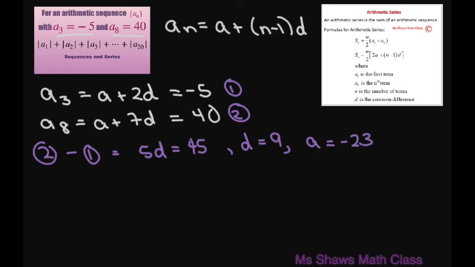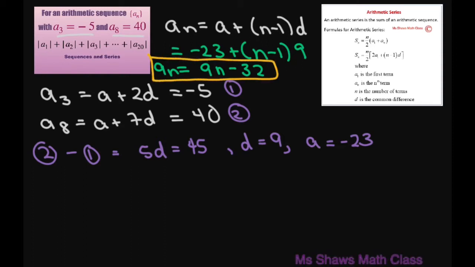So your explicit formula is going to be -23 plus 9 minus 1 times d, where d is 9. So this is going to equal 9n minus 32. So this is the explicit formula that we will be using.